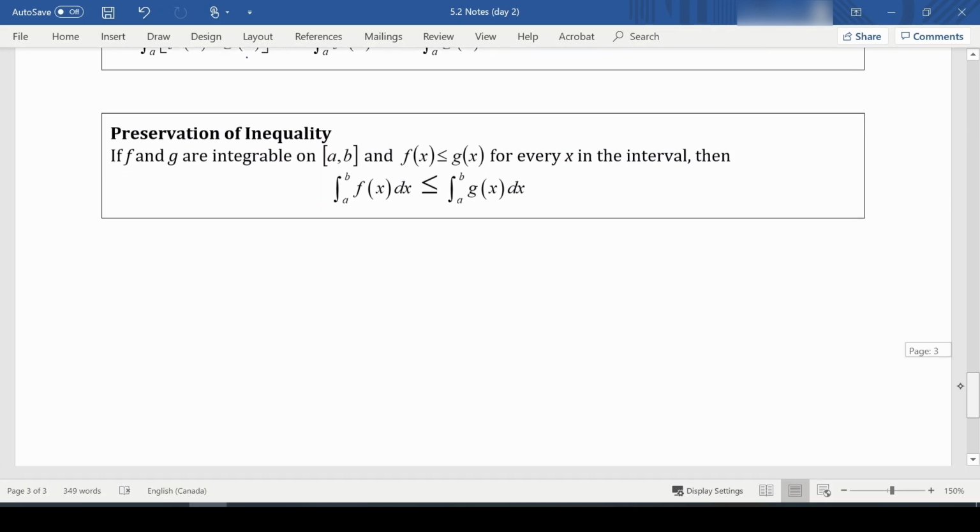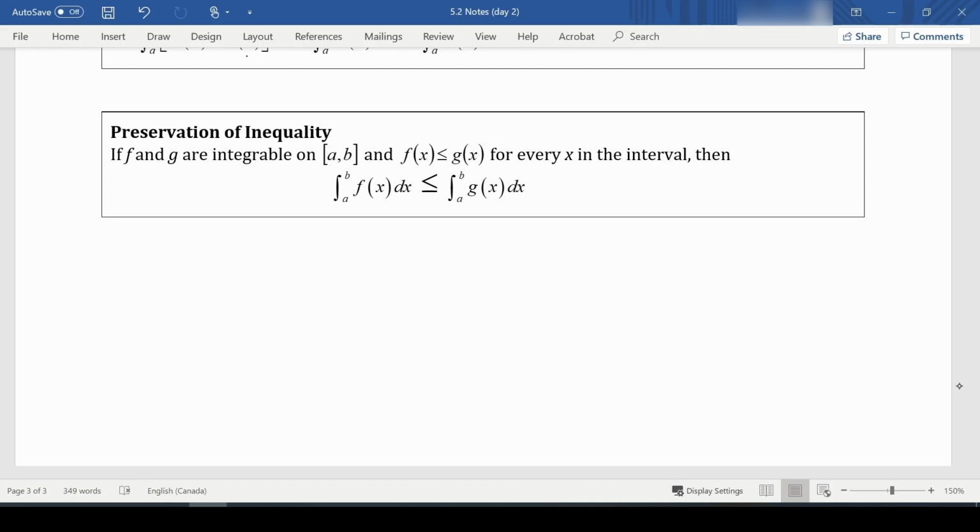The other one is preservation of inequality. If f and g are two integrable functions on a closed interval a to b, and f is smaller than g for every x, then the integral of f will be smaller than the integral of g on that interval.